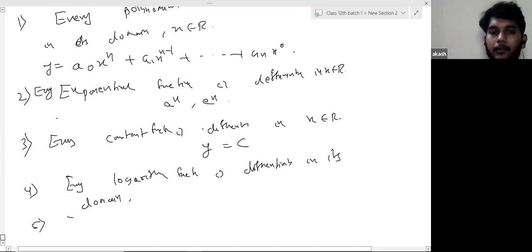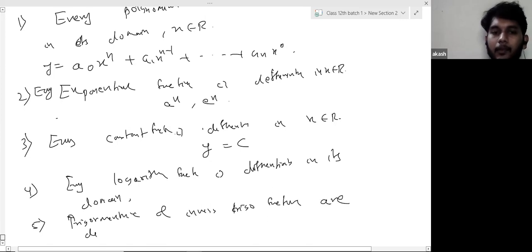And trigonometric functions and inverse trigonometric functions are differentiable in their respective domains.